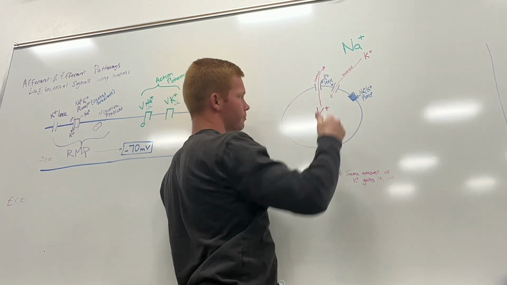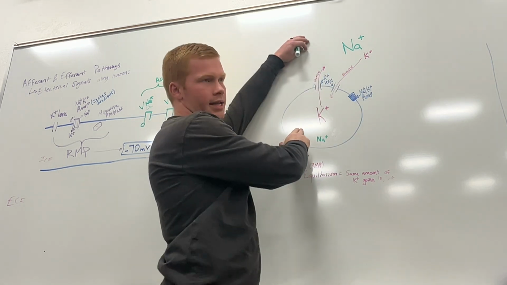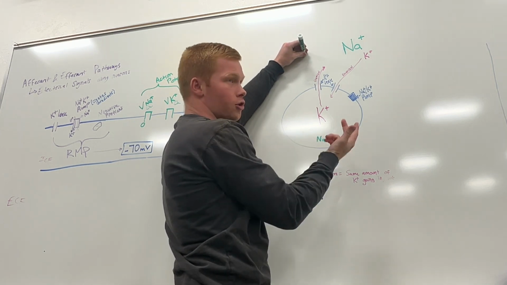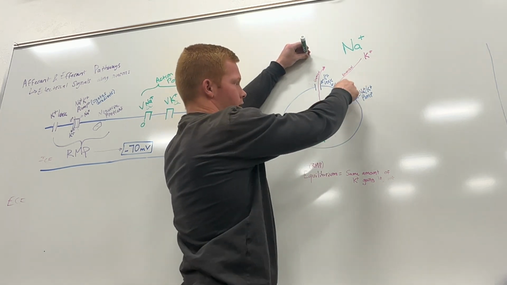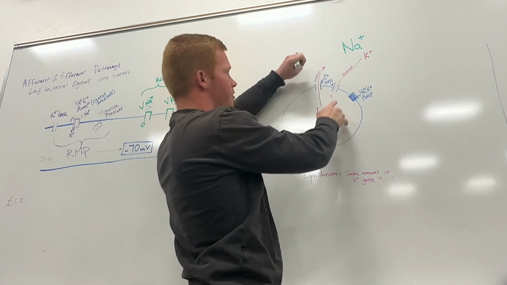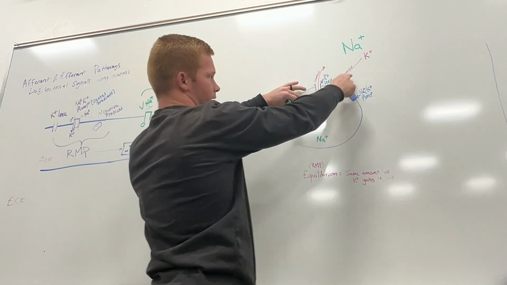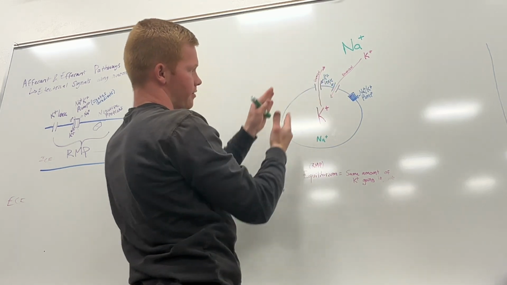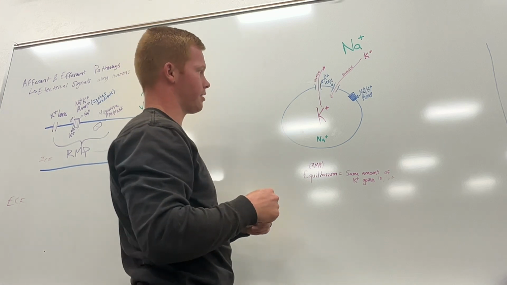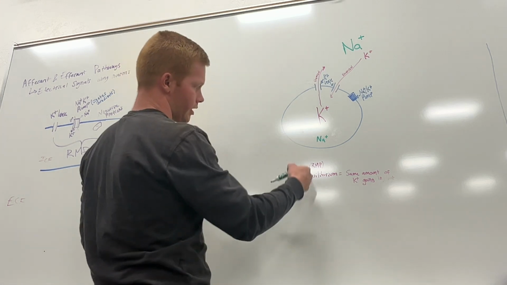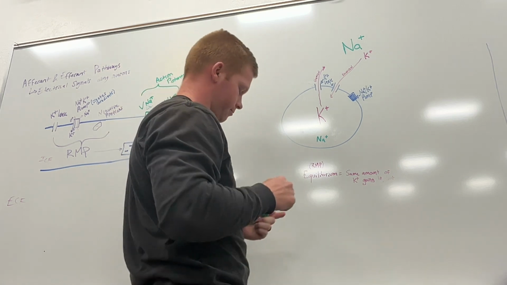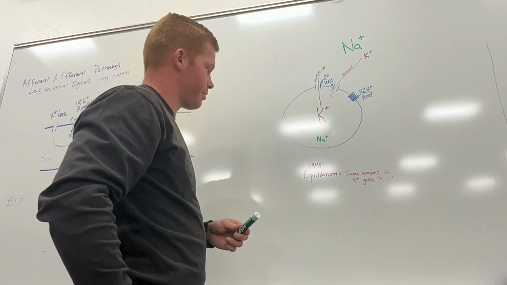But then once it's moving out, it's going to leave behind negatively charged ions or negative charges. And so it's going to become more negative, and then it's going to start bringing in these potassiums. And once they have the same amount going in, going out due to the electrical chemical gradient, that's when we hit equilibrium or RMP. So yeah, that's RMP.